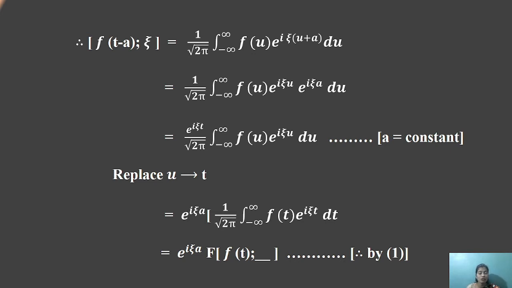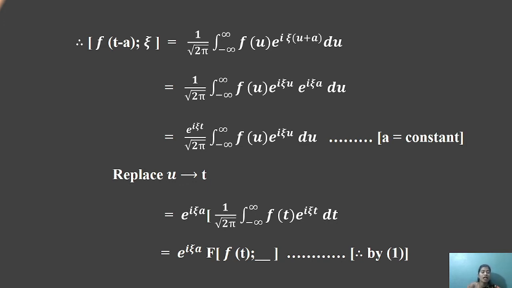How to solve such a problem? First of all, write the formula of the Fourier transform. After that, compare it with the given example or question. Then put t equals u plus a, change the limits, put all these values into the form and solve the equation.